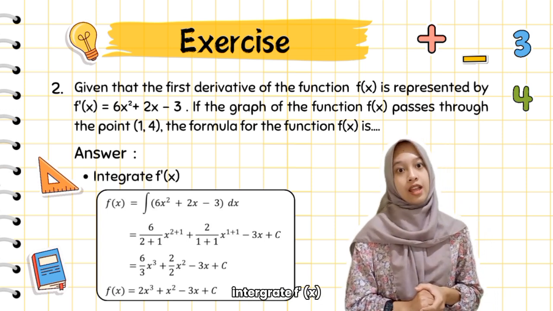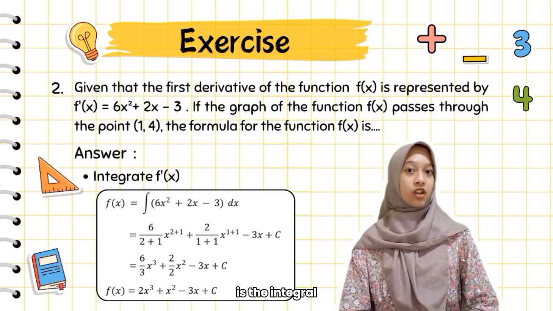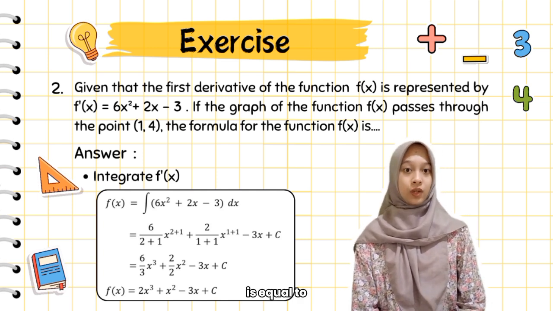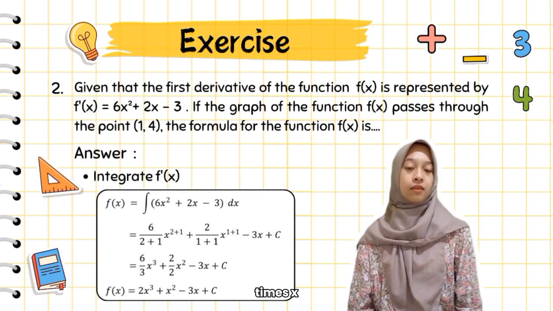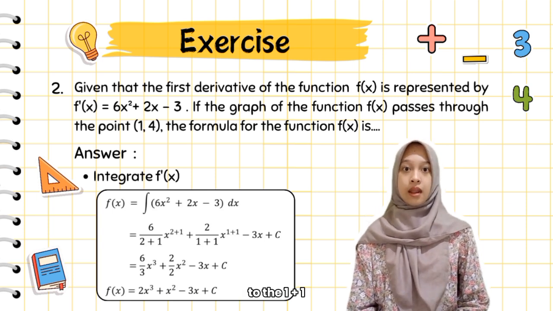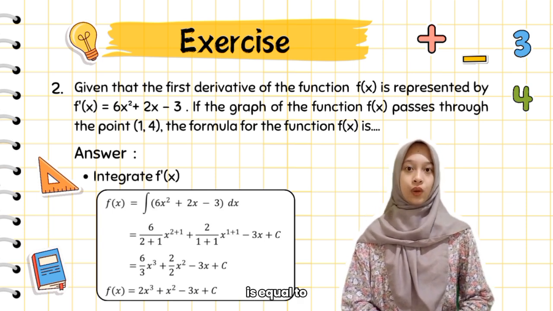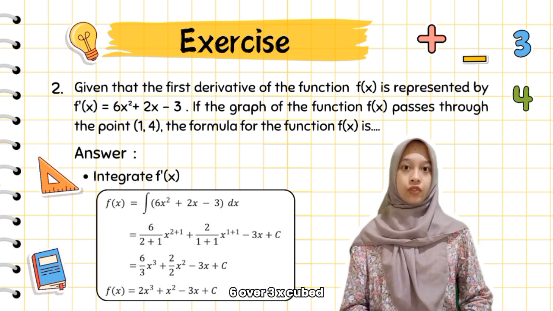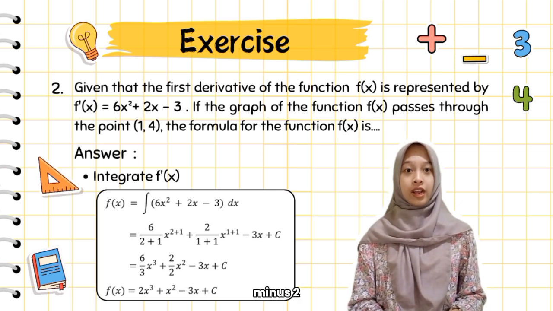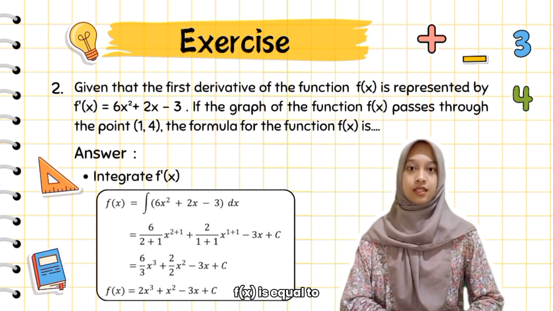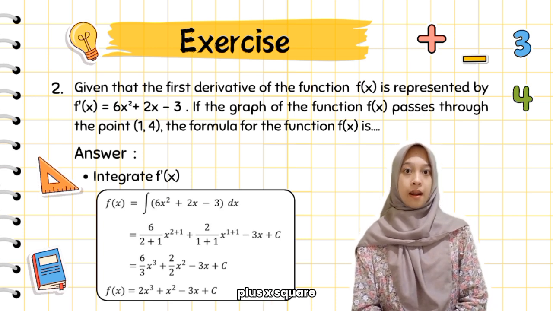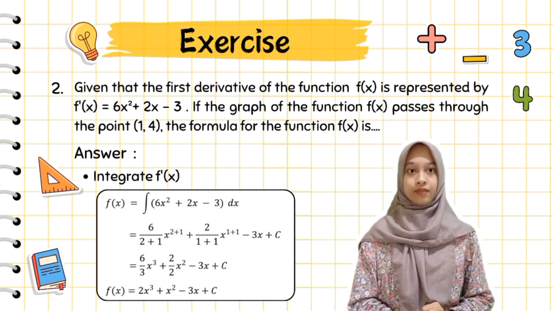So first, we integrate f prime of x. f(x) is the integral of 6x squared plus 2x minus 3, which is equal to 6 over 2 plus 1 times x to the 2 plus 1, plus 2 over 1 plus 1 times x to the 1 plus 1, minus 3x plus c, which is 6 over 3 x cubed plus 2 over 2 x squared minus 3x plus c. And then f(x) is equal to 2x cubed plus x squared minus 3x plus c.